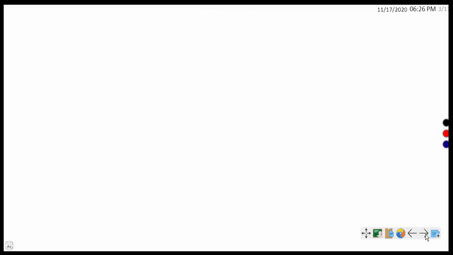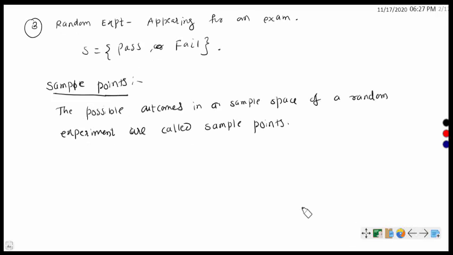The number of such sample points is denoted by n(S). n(S) is the number of sample points of an experiment.